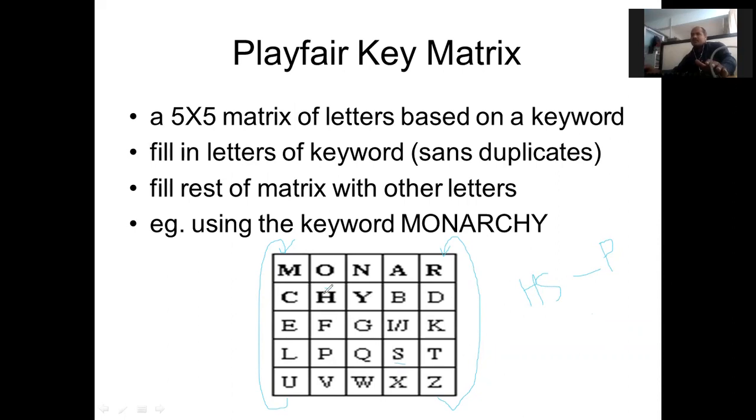Now for the H, you can see here. So this sub matrix we are going to consider here. Okay, the H, Y, B, and again F, G, I, J, and again the P, Q, S. Okay, so here we are going to observe. For H, the ciphertext character is the B here. Why is it B? Because this is occurring in the S column here. So for the H, I am going to write the B here.